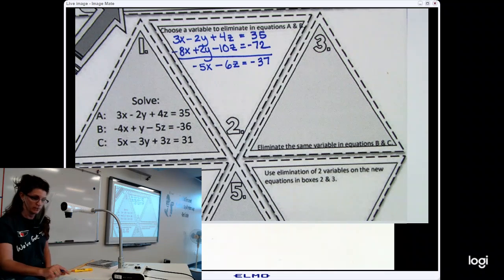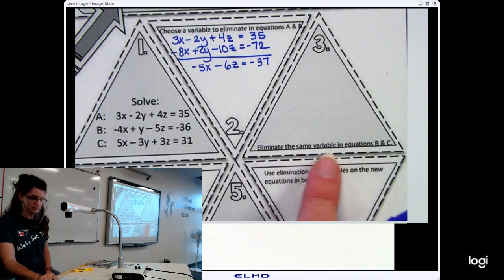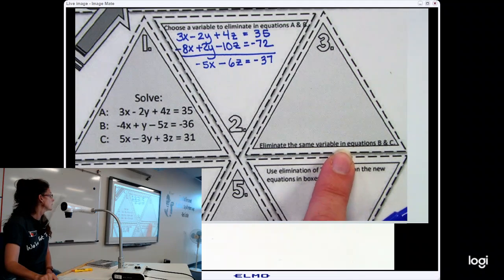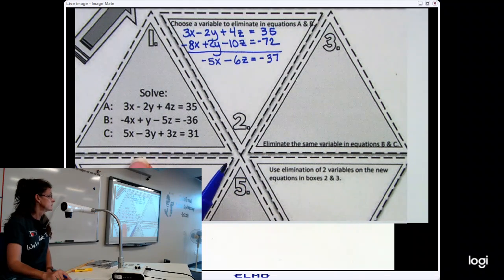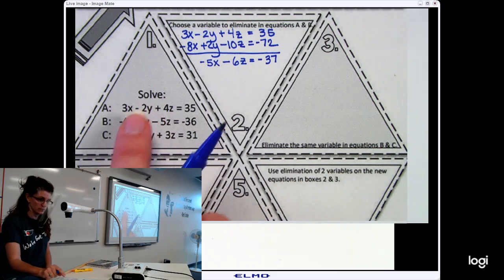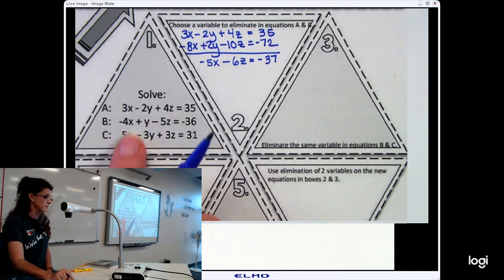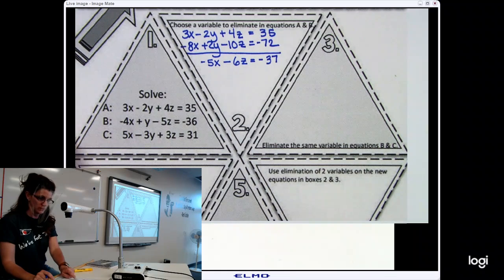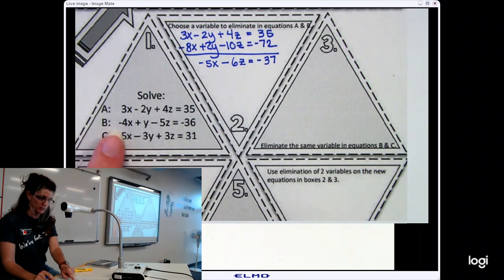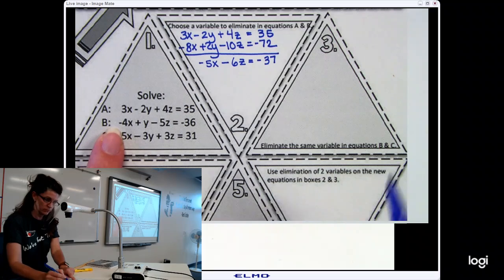All right. I'm going to move over here. It says eliminate the same variable in equation B and C. So if I chose to eliminate x's, nope, y's in the top 2, you want to eliminate y's in the bottom 2. So in this case, I'm going to need to multiply equation B by 3.